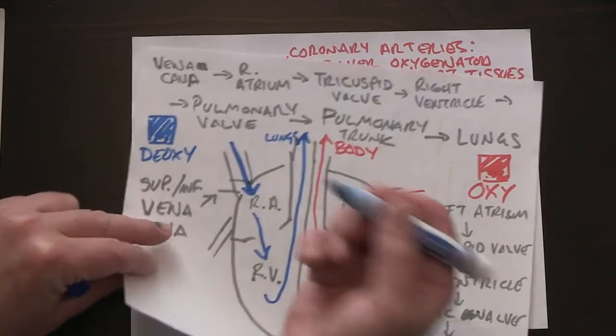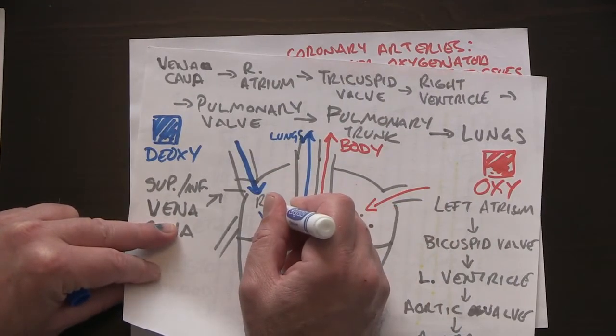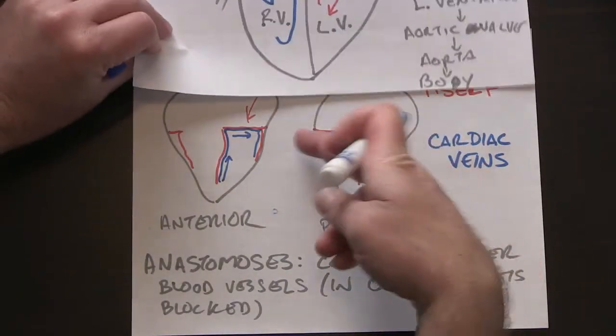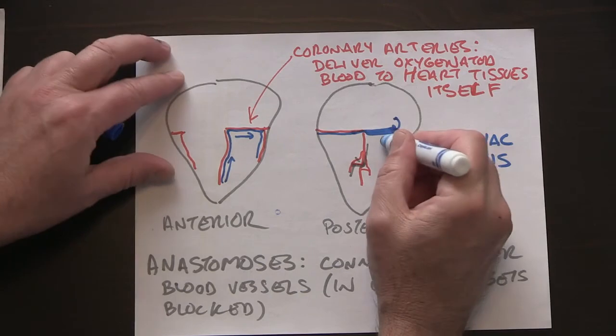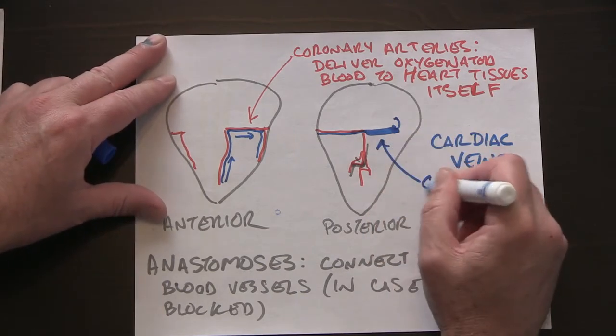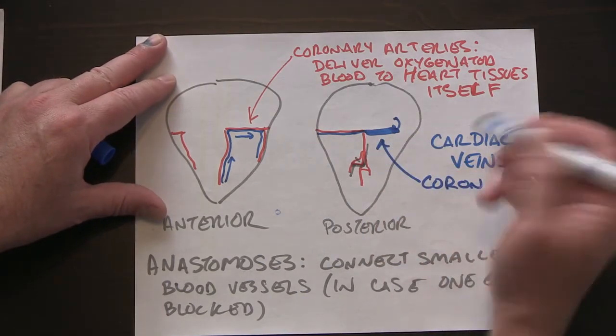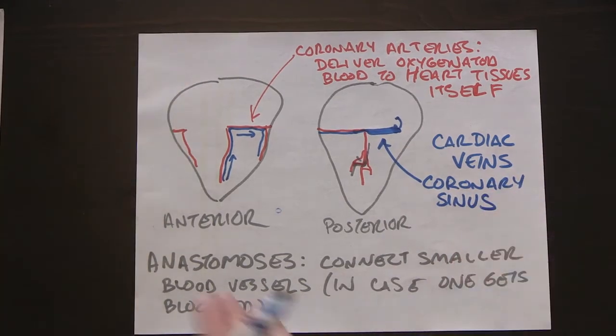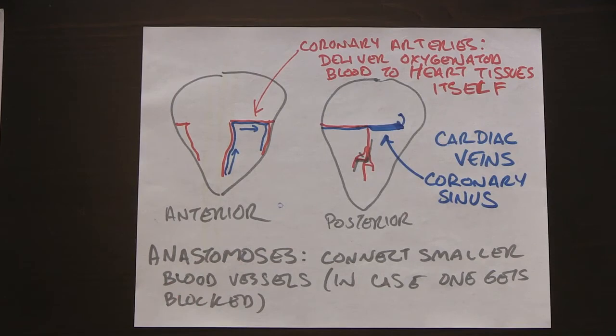On some model hearts, they'll have a little blue dot there, and that's where the blood is coming back from around here, and it goes into the heart. This one here is called the coronary, again, they switch names, sinus. I'm pointing that out because that's one of the structures that you need to know for the lab practical.